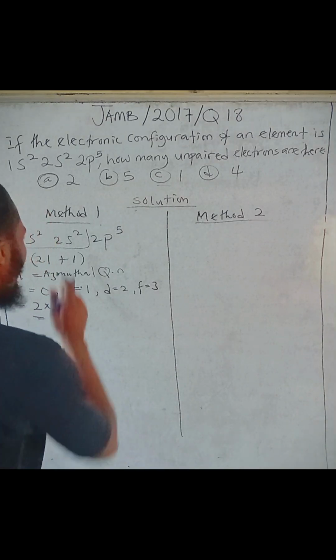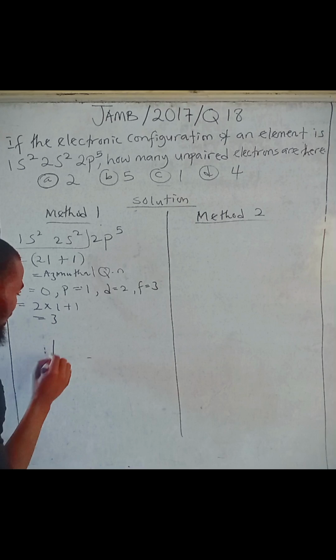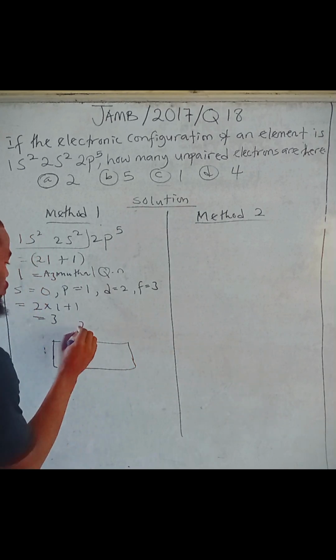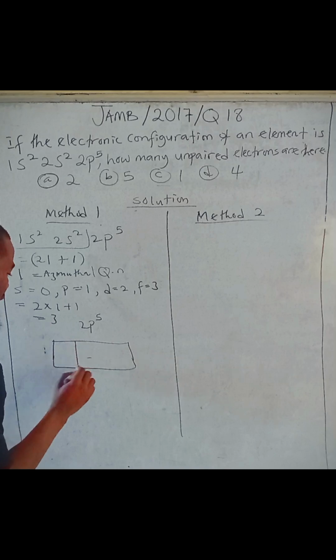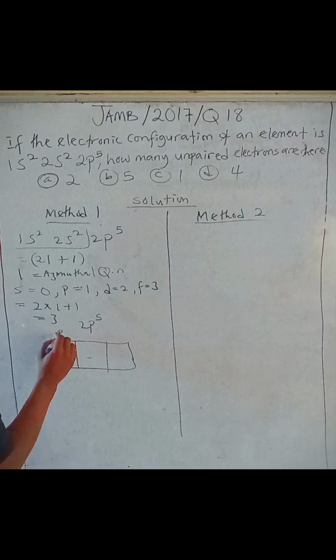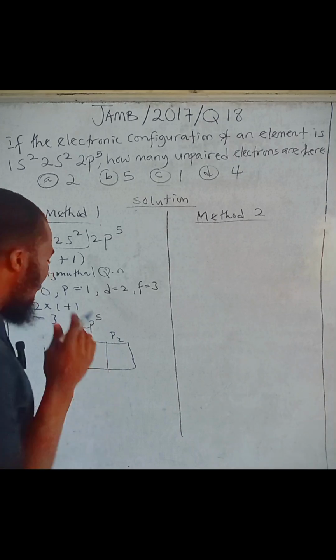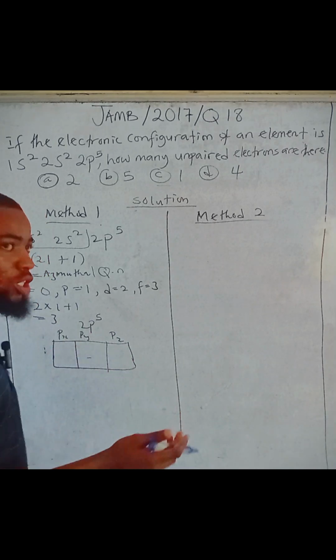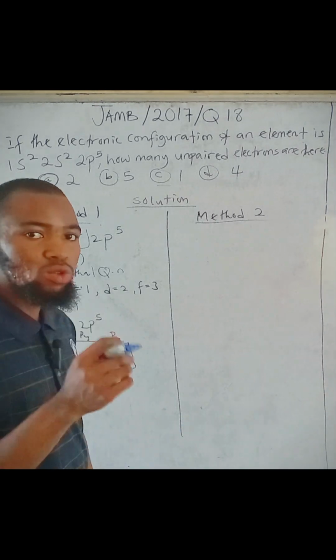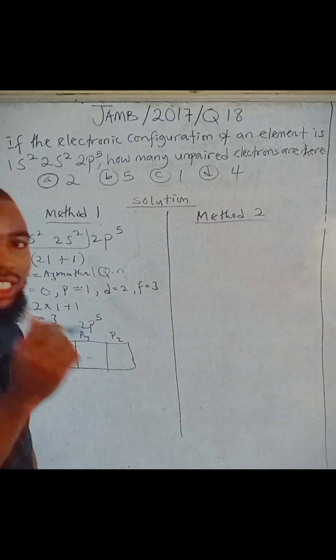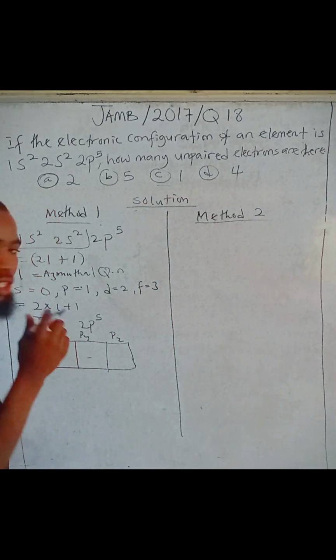So now you can draw the energy diagram. We have 2p5, and the p orbital is divided into 3: px, py, and pz. Am I going to put the electrons randomly? No. There is a rule called Hund's rule, which states that electrons enter degenerate orbitals singly before pairing commences.